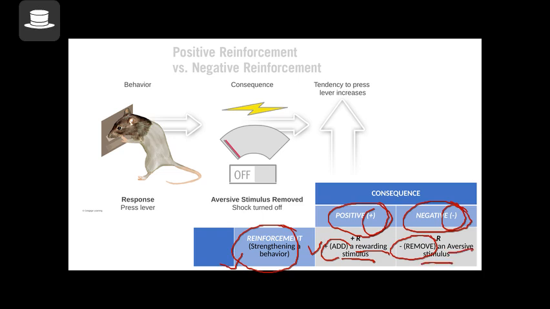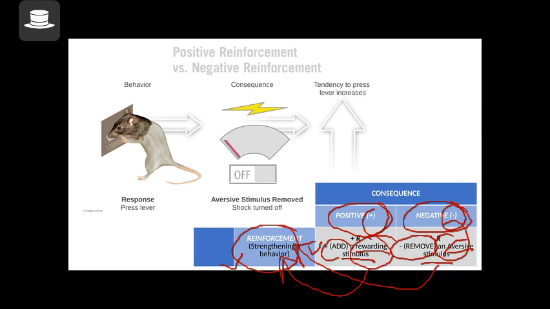So another way to look at it is this rewarding stimulus, in the case of positive reinforcement, acts as a positive reinforcer. Right? The negative or aversive stimulus here reinforces the behavior, by removal of it, acting as a negative reinforcer.